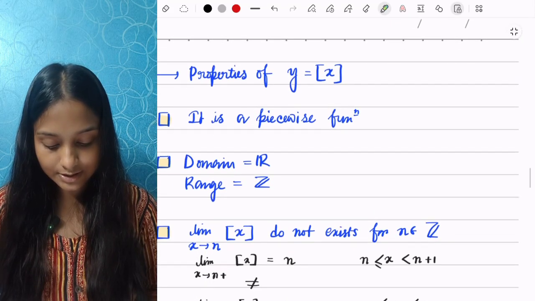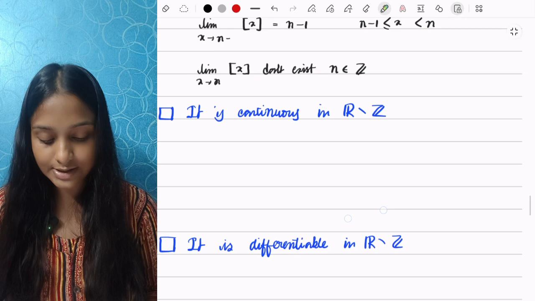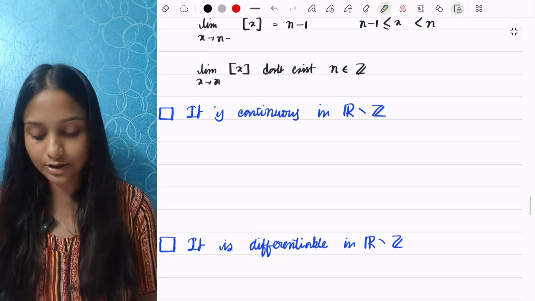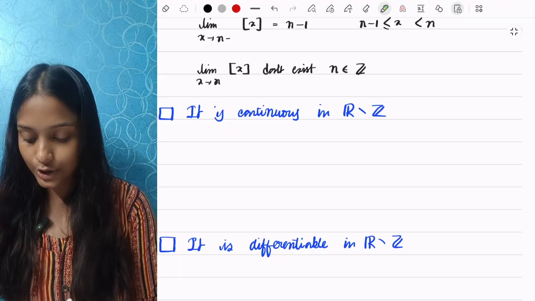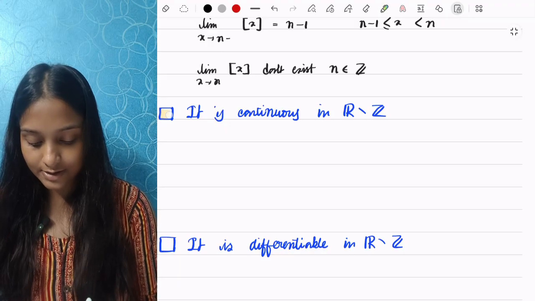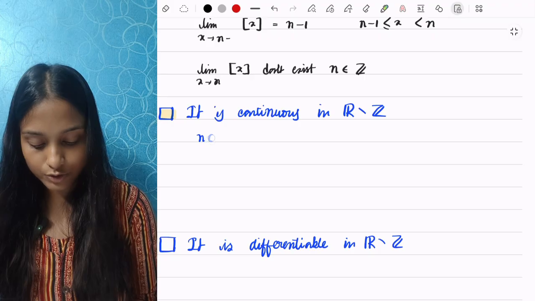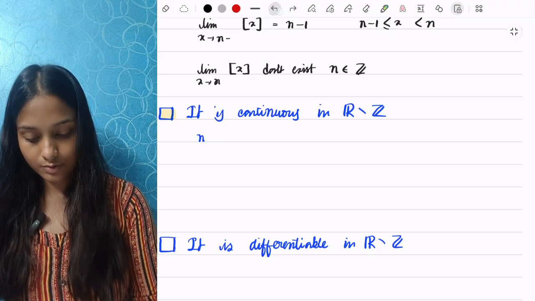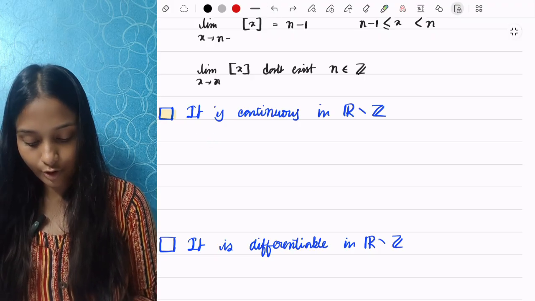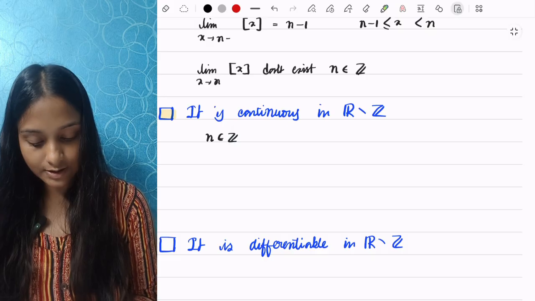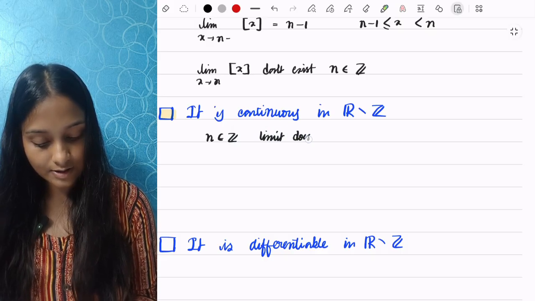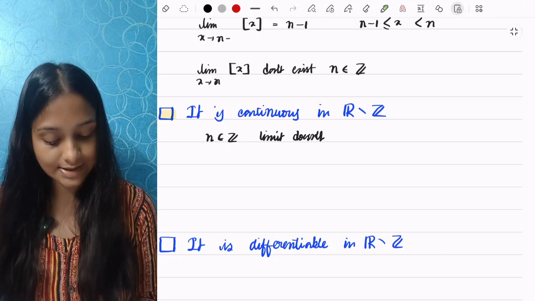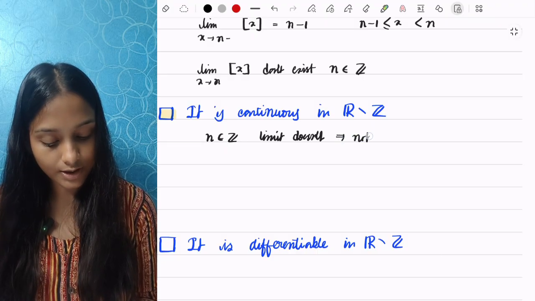Let us now see the next property, which is again continuous in the interval r, in the set r minus z. So it is again obvious. For n belongs to z, the limit doesn't exist, and as the limit doesn't exist, it is not continuous.